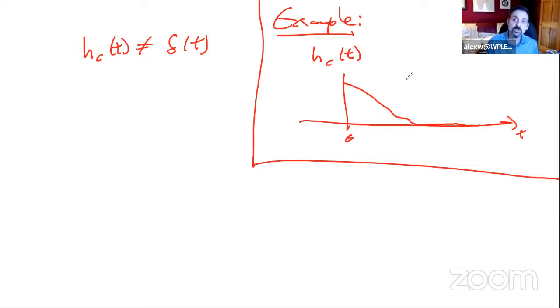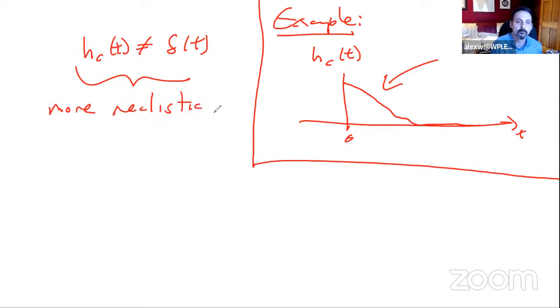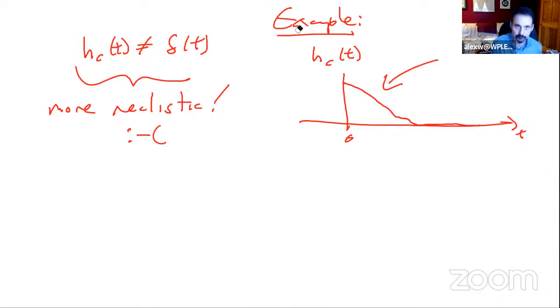So imagine convolving your s(t) with this, right? So if you have something like this, what happens? First of all, this guy here, more realistic, but this is also sad because that also means distortion.